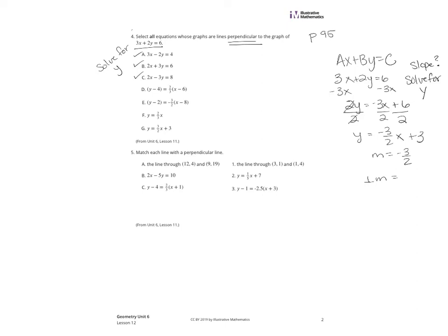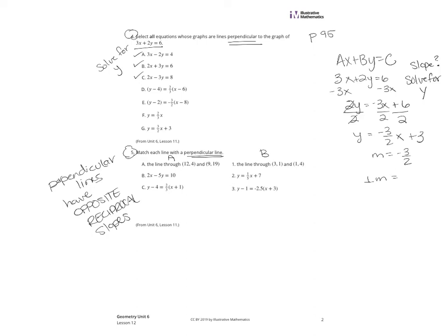So let's take a look at number 5. It says match each line with a perpendicular line. So everything in column A matches to something in column B, something that's perpendicular. And I remember that perpendicular lines have opposite reciprocal slopes.